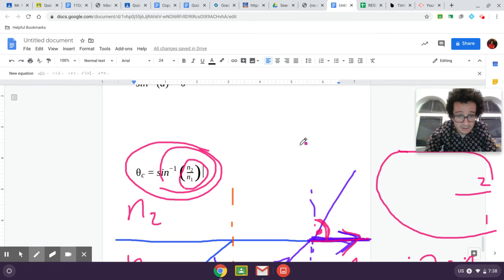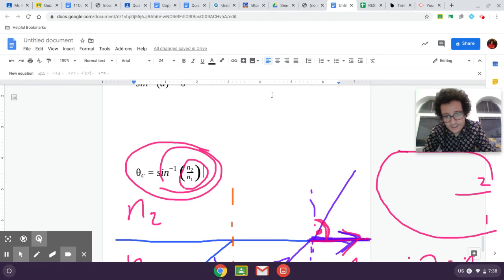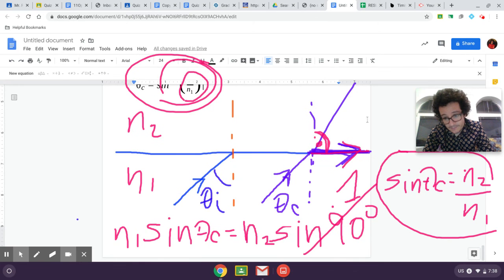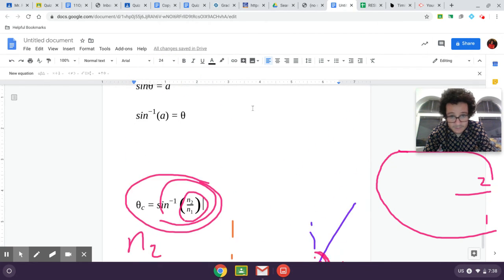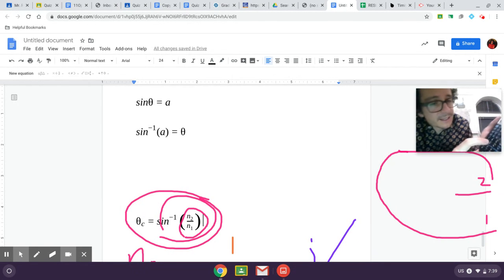Well, just another thing, we said that sinus of 90 is equal to 1. Well, of course, if you apply sinus to the minus 1 to 1, which angle are you going to get? 90. Okay, so I recommend you do that when you're using this function for the first time in your calculator.